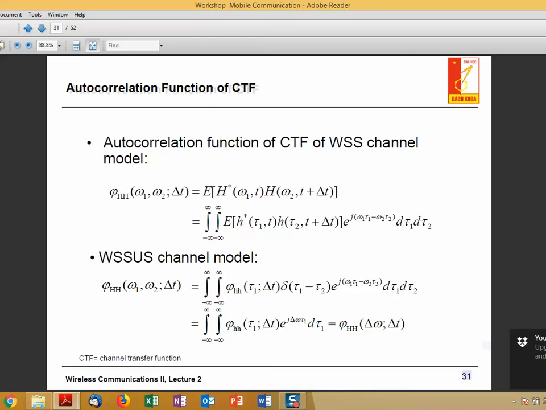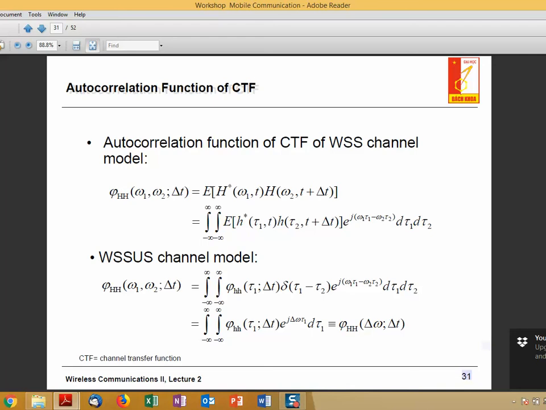It is the expectation of the transfer function of the channel observed at frequency omega 2 and at time t plus delta t, times the conjugate of the one at frequency omega 1 at time t. That's the definition.